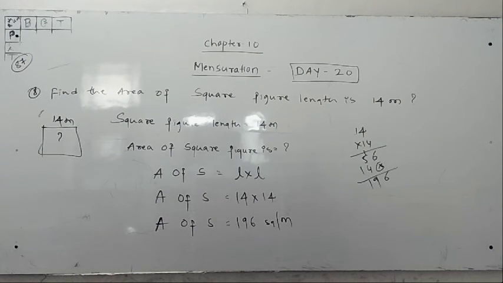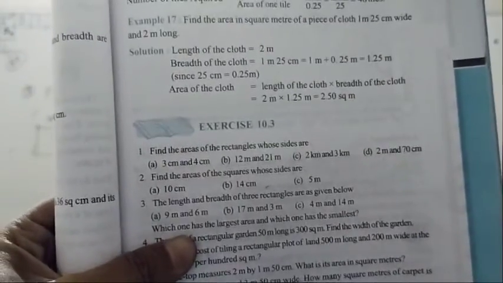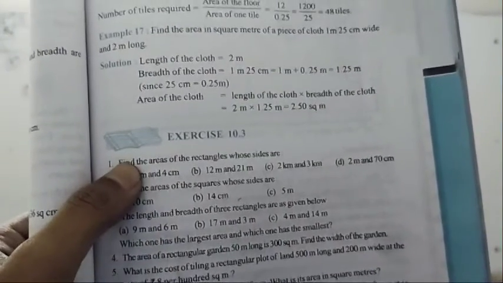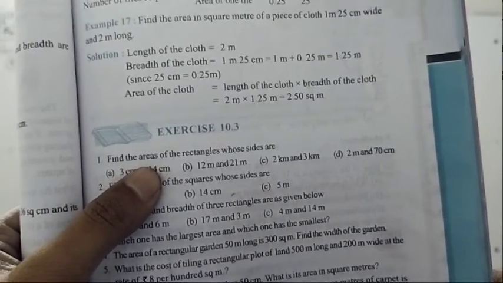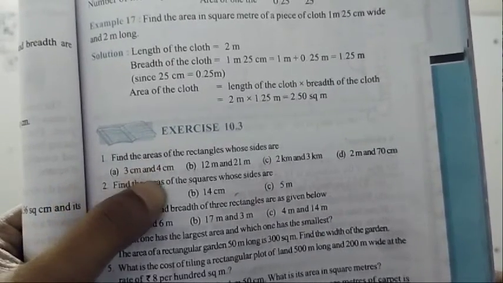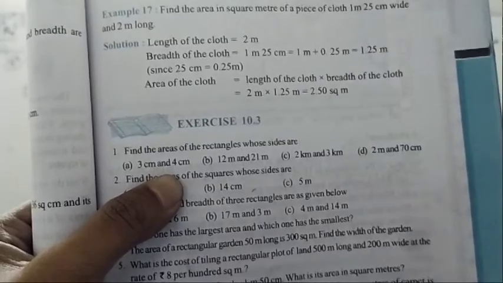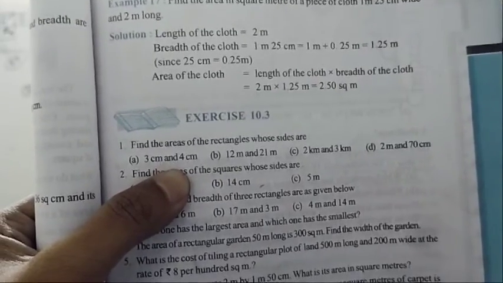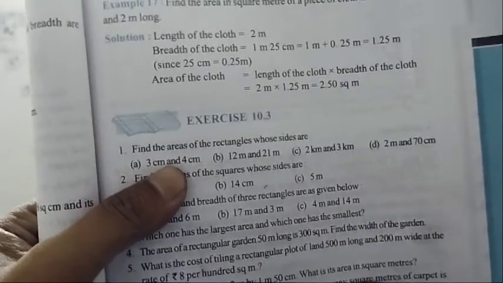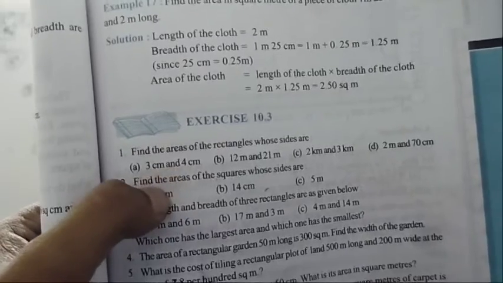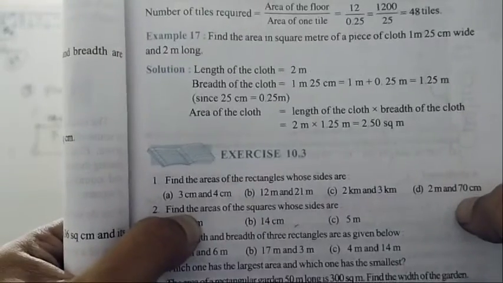Today's homework is exercise 14.3. Okay. Find the area of the rectangles whose sides are 3 cm, 4 cm, 12 meter, 21 meter, 2 kilometer, 3 kilometer. When kilometer is there, you should write square kilometer. That answer should be square kilometer. 2 meter, another one is 70 centimeter.